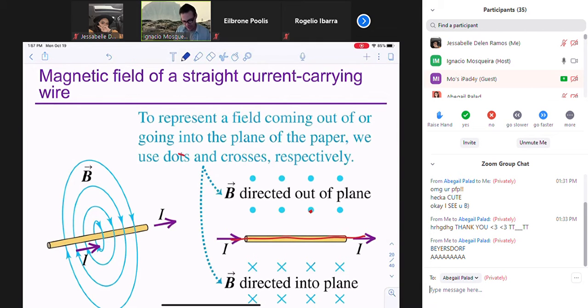I don't like the format of this PowerPoint. Here they're saying, how would you produce a magnetic field? Well, it turns out that a wire carrying a current will produce a magnetic field. Actually, you don't even need a wire, just moving charges. Moving charges will produce a magnetic field. So here they're telling you how the magnetic field was produced in the first place.